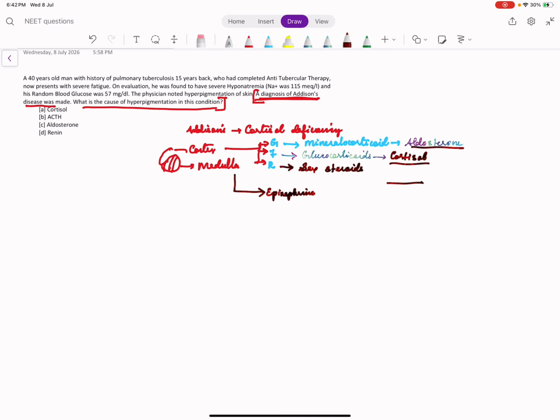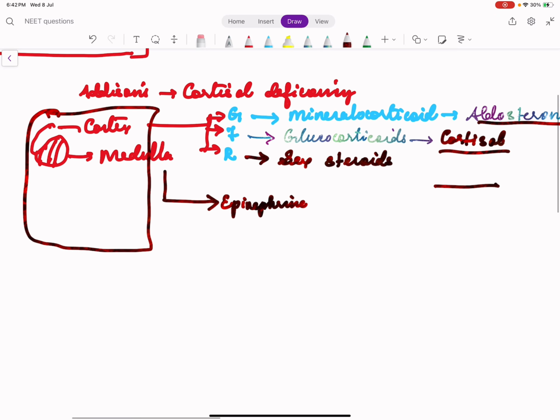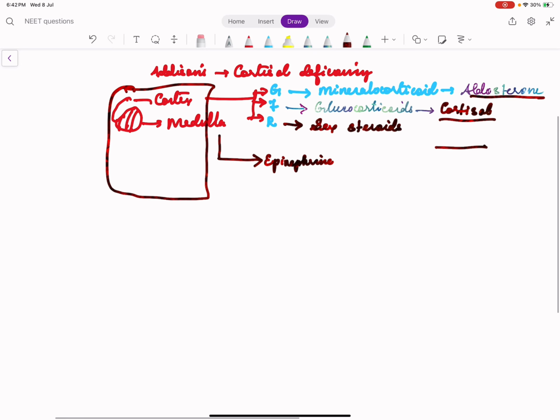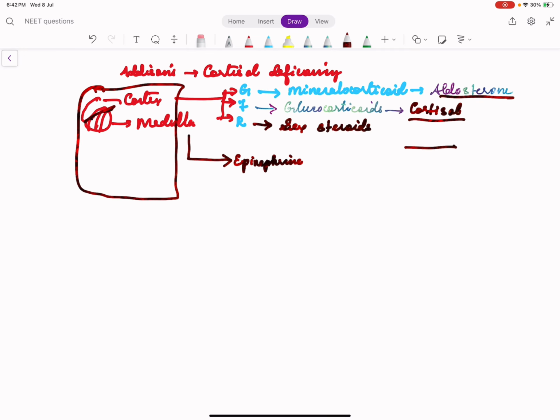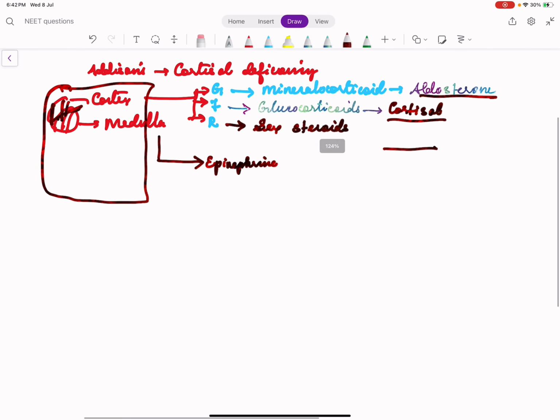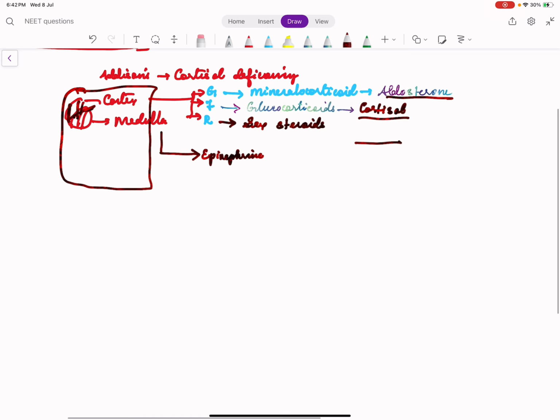So Addison's disease is actually a problem with the entire adrenal gland, especially the adrenal cortex. Okay. So for all hormones, there is a control from the pituitary, ACTH, adrenocorticotropic hormone.